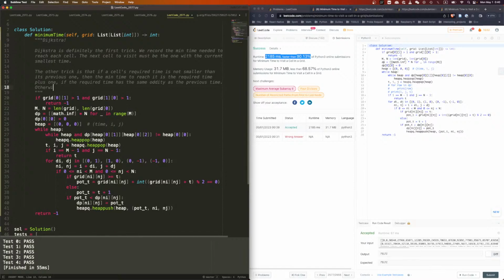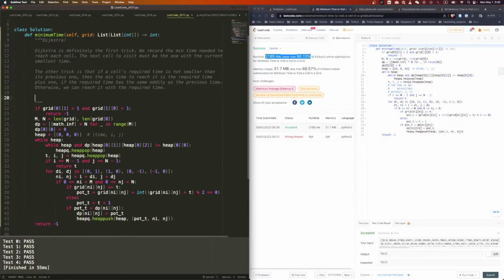Otherwise, we can reach it with the required time. Another trick, the third trick, right?